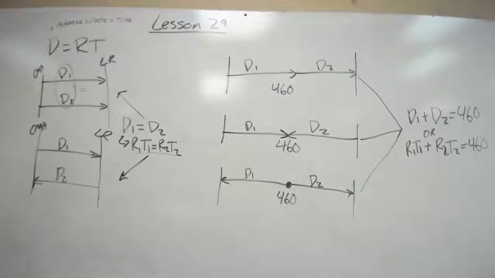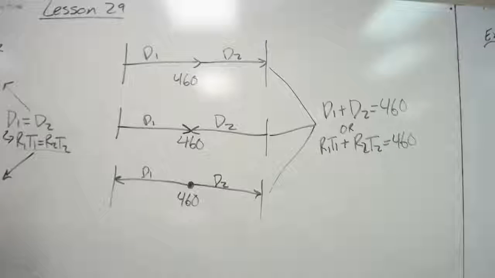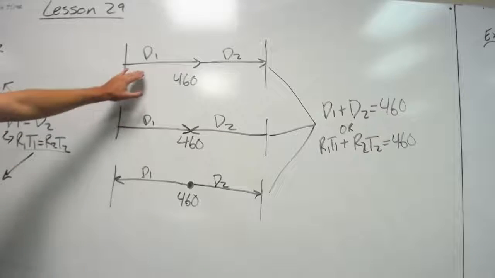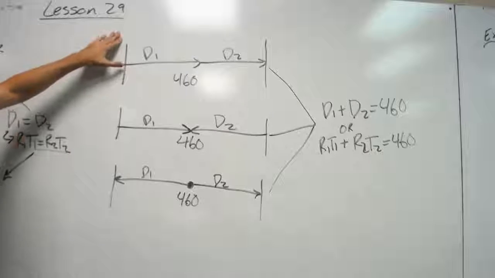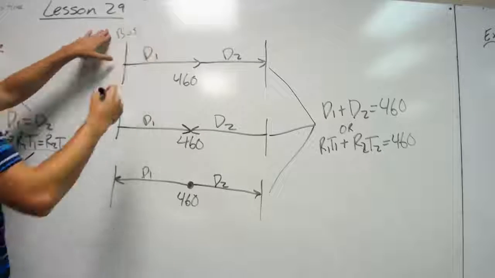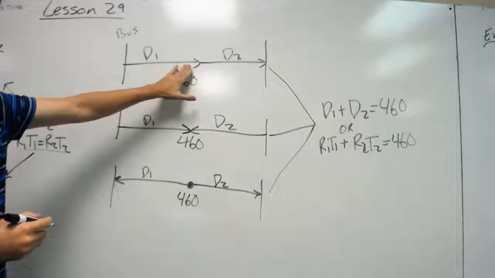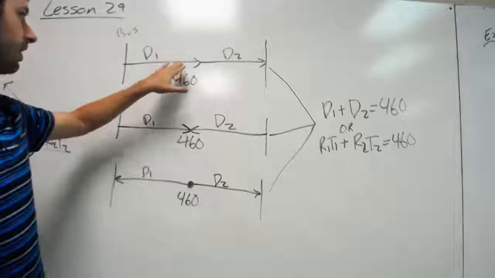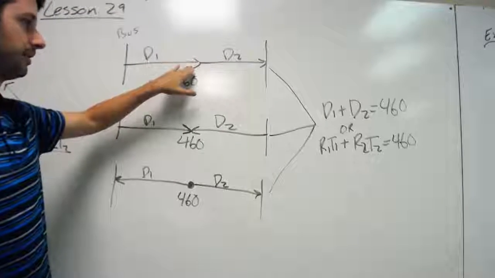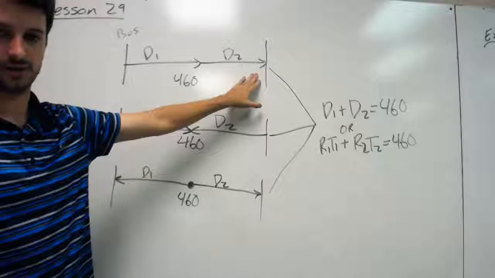Now what we're going to look at is distance problems that are a little bit different, but same equation. Say the wording was something like the school bus traveled part of the way at 20 miles per hour, and then it traveled 20 miles at 20 miles per hour, then it traveled 30 miles at 50 miles per hour.